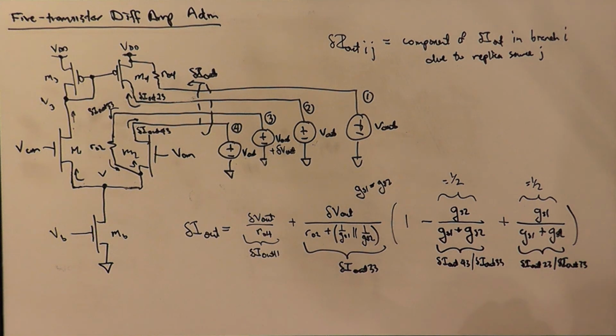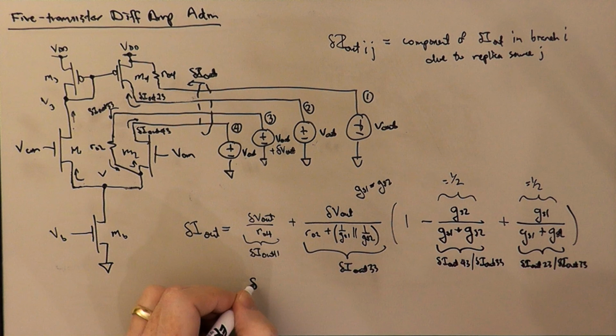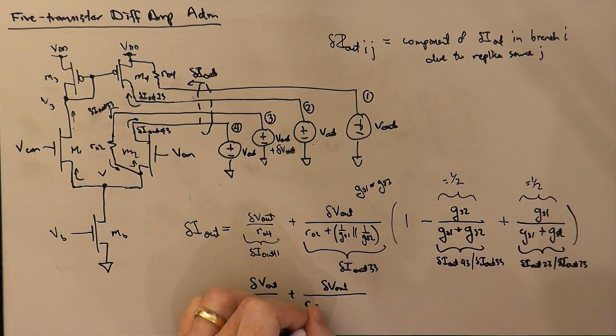And so really there are only 2 non-zero components of delta I out in this circuit at the end of the day. So this is exactly equal to delta V out over RO4 plus delta V out over RO2 plus 1 over 2 GS1, because the two are equal to each other.